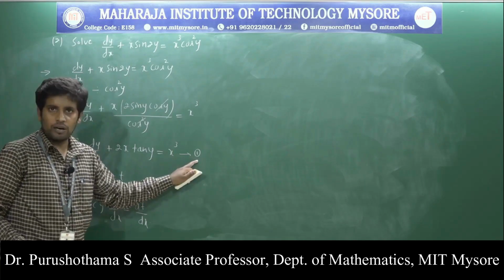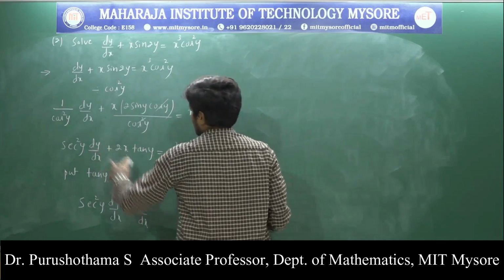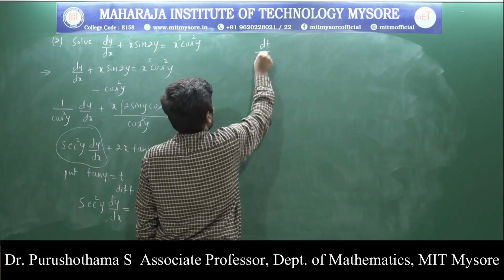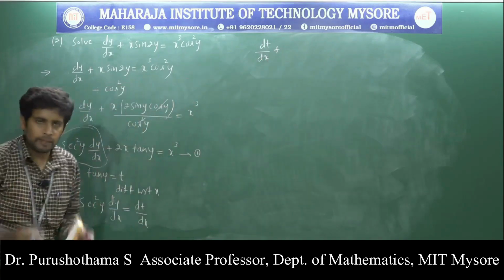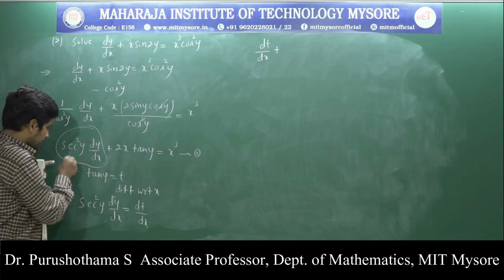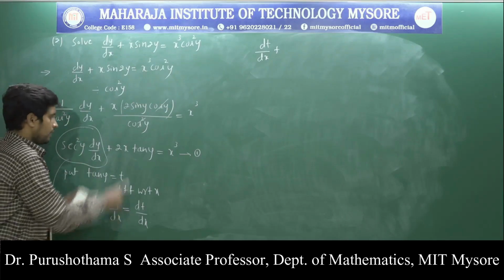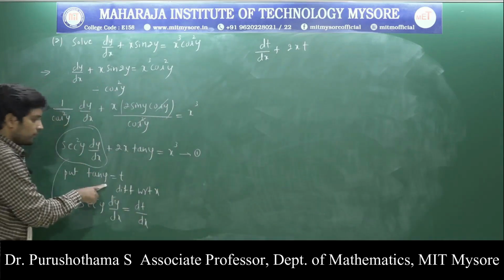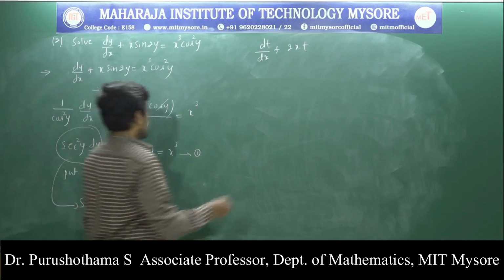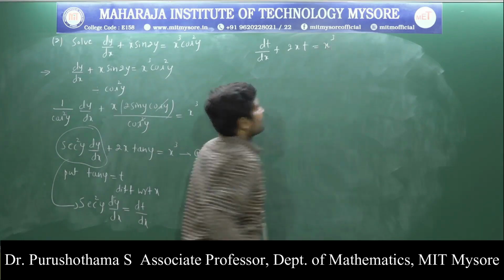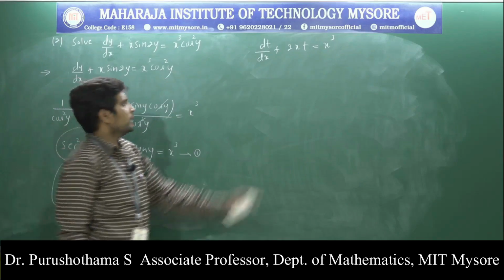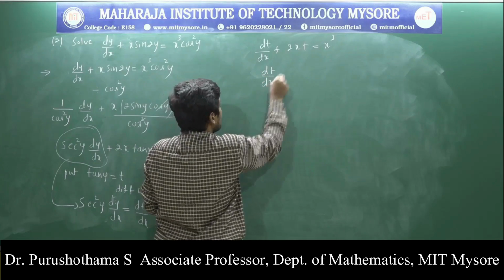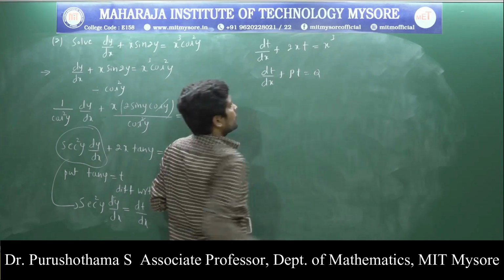So equation 1 becomes, after replacing, in place of secant square y into dy by dx we put dt by dx, plus 2x into t, because tan y is equal to t, is equal to x cube. Therefore this equation is in the form dt by dx plus p into t is equal to q.